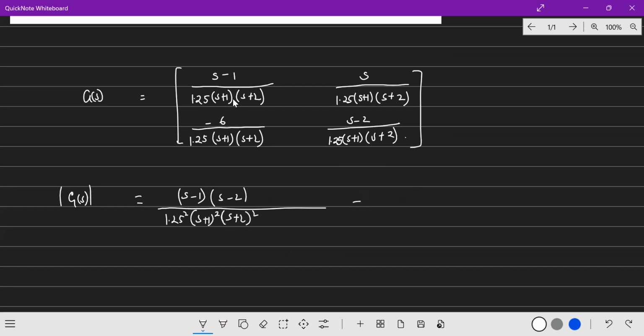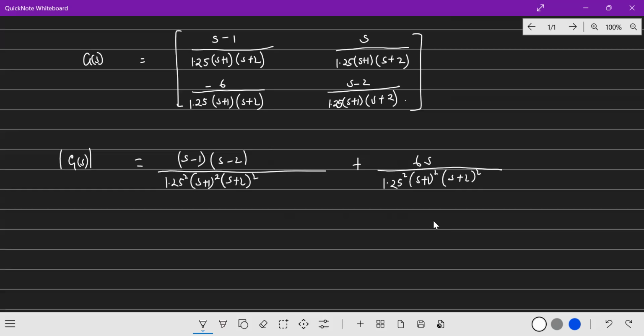Minus, again, the product of that, which is negative 6S. So this becomes positive 6S, divided by, again, the same denominator, 1.25 squared, S plus 1 squared, S plus 2 squared, right? Next, what do we do?